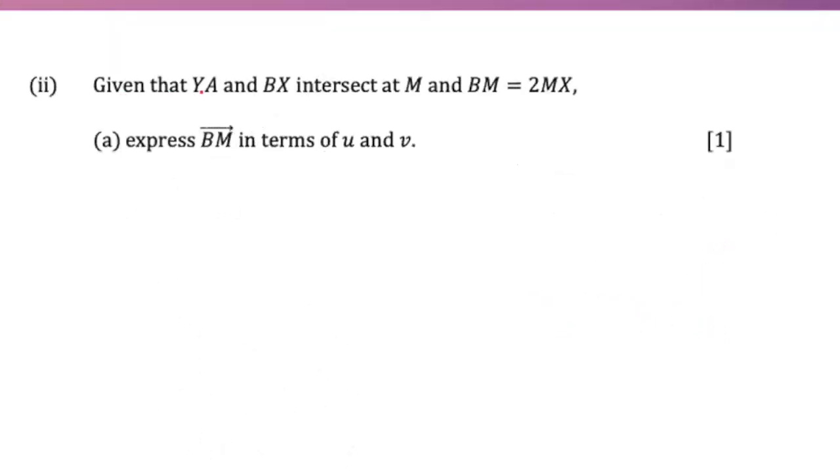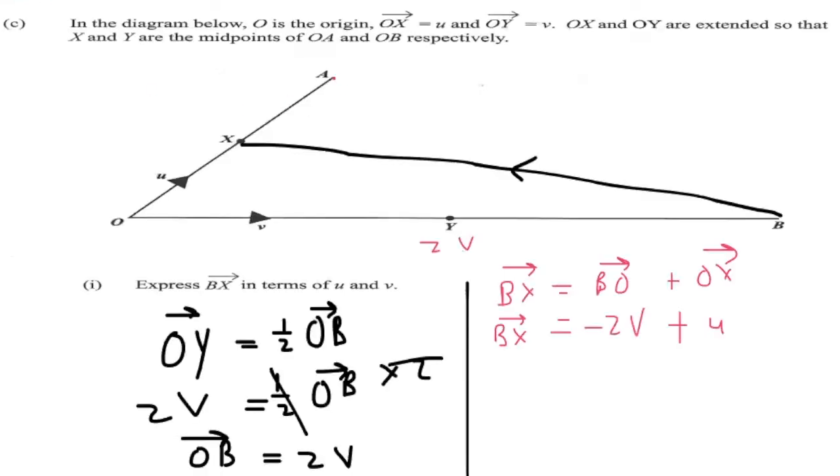Now it says, given that YA and BX intersect at M, and BM is equal to 2MX, express BM in terms of U and V. So given that YA and BX intersect, so let me create YA, so it intersects at M. And they also said BM is 2 of MX.